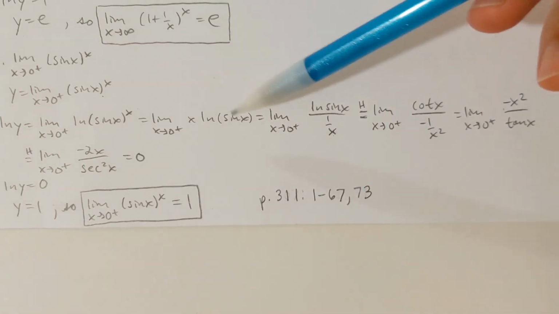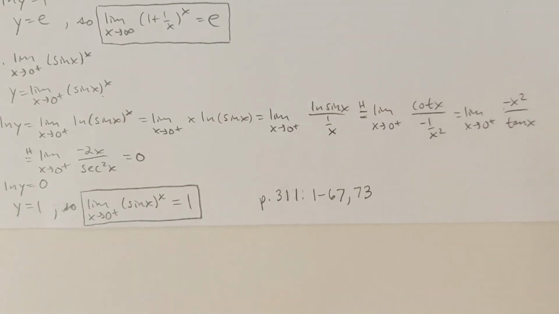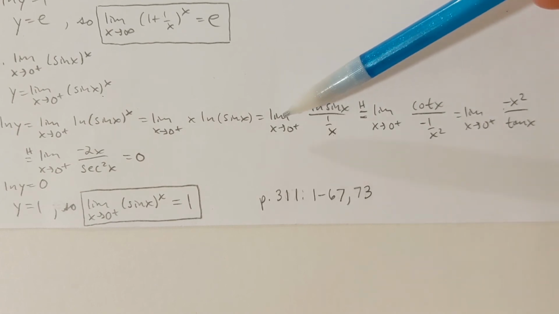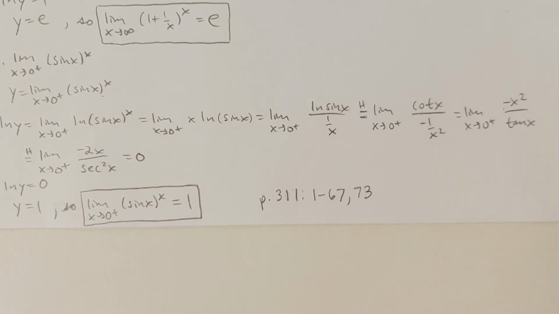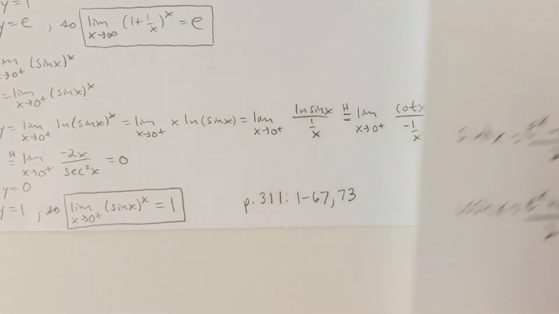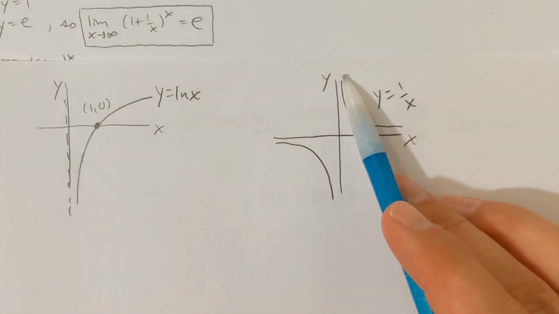Let me rewrite this as a quotient. X is the same as 1 divided by 1 over x. And am I in indeterminate form here, so I can apply L'Hopital's rule? Well, the limit as x approaches 0 from the right of 1 over x, that would be infinity, right?